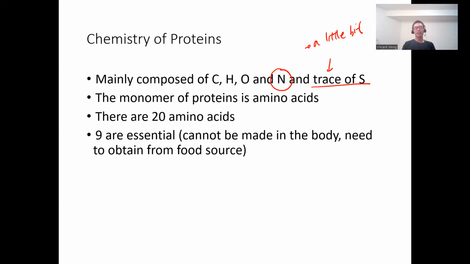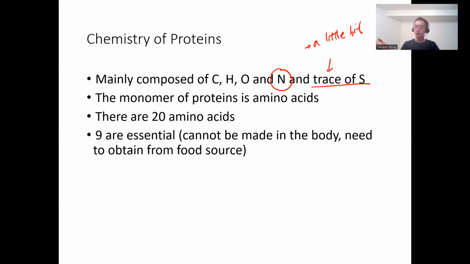Amino acids are much more than carbohydrates. Remember, in carbohydrates we only have 3 monomers: glucose, galactose, and fructose. But for proteins, there are a total of 20 amino acids. You don't have to memorize all of them, you just have to know there are 20 of them.